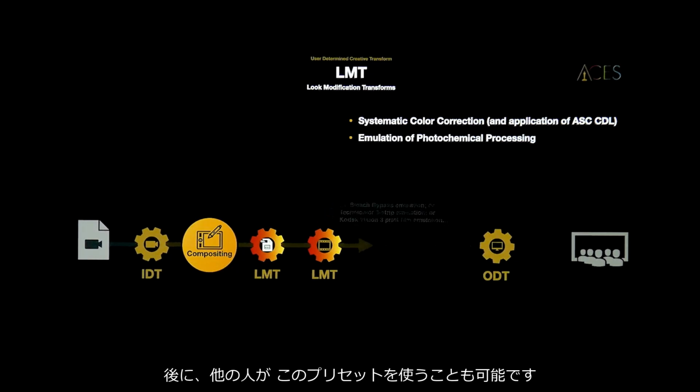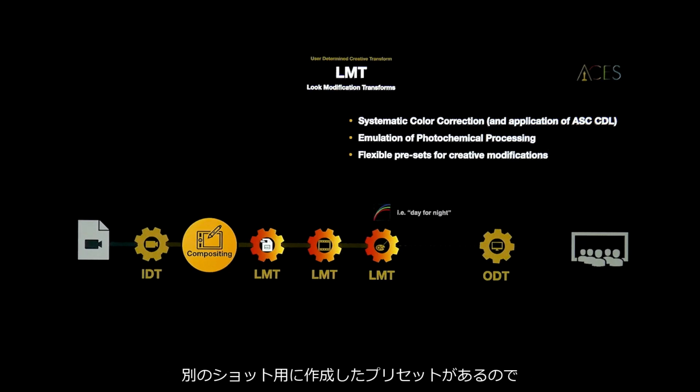And after that, someone can say, I would like to apply also a preset, because I have a preset that I created for another show. For instance, I don't know, Day for Night or something else. So you can even interchange color corrections, LUTs, from one project to another, because at the end, this is like a LUT, and you can apply it in this system, because the maths, as I said before, are going to be absolute to the color space.